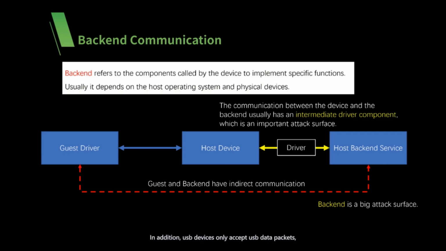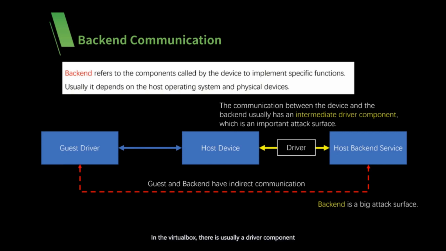In addition, USB devices only accept USB data packets, and the specific functions of USB have to be done by the backend. There are also storage devices which just receive file data. Where to read from and write to, it also needs the backend to decide.